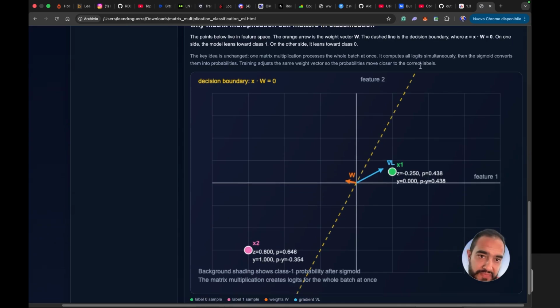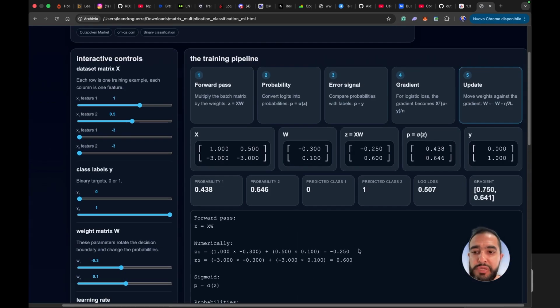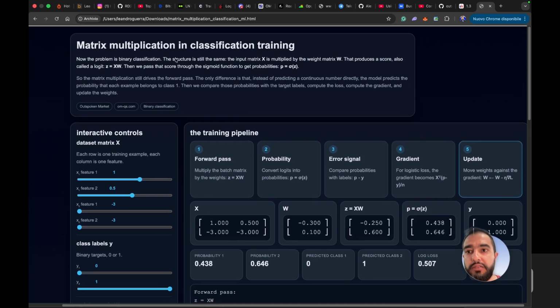And then we see that we have the boundary, meaning that if we are in one direction or in another direction, your outcome will be classified as 0 or as 1. So it's pretty cool. This is a simplified idea, but very accurate, on how the learning process works and what the roles of each one of the matrices are and how they interact with each other.